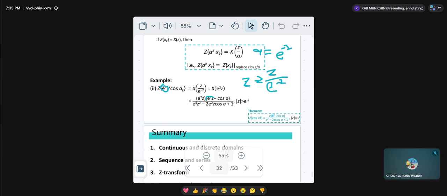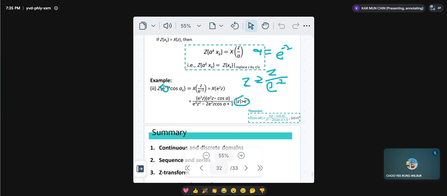This z is replaced with exponential square z minus cos a, and then your z square is exponential square z and the whole thing squared, right? So you get exponential to the power of 4 z square, minus 2, and then you have again exponential square z cos a plus 1.